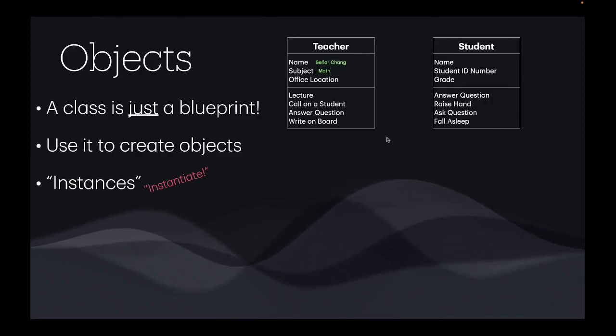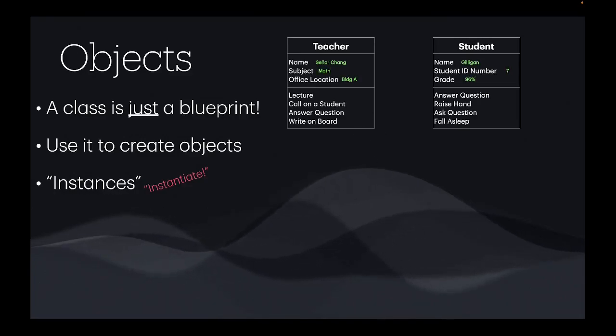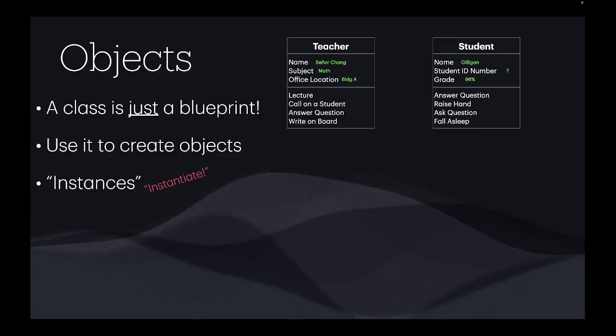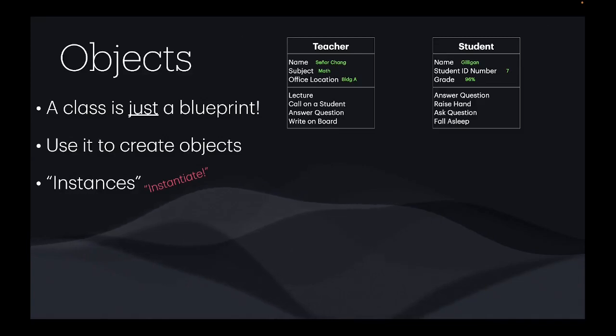So the teacher has to have a name, a subject, and an office location. The student needs a name, a student ID, and a grade. That's part of the instantiation process so that we have an object that is ready to go, ready to use in our program.